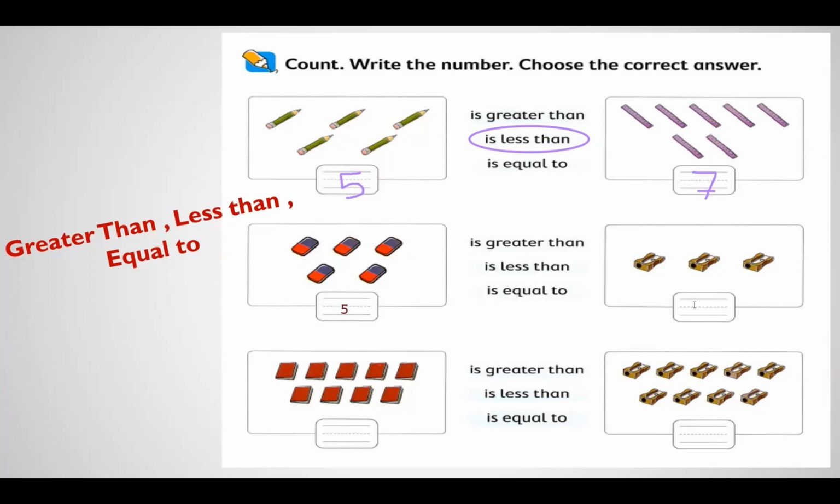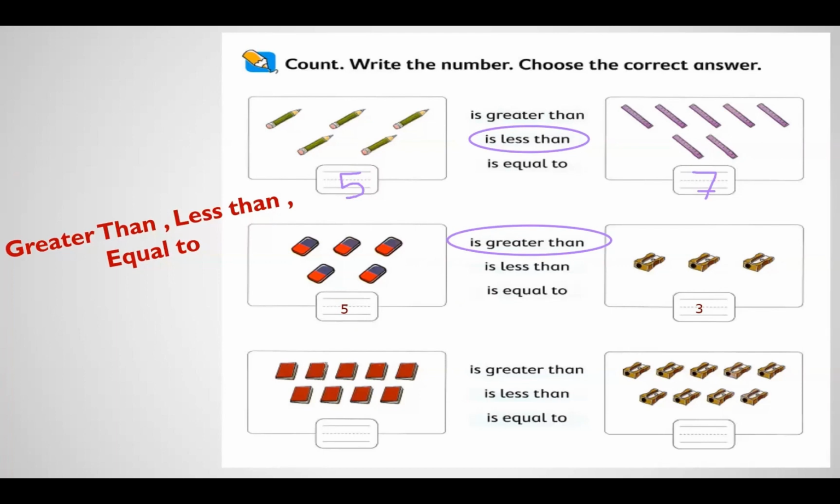And here, can you count the sharpeners? They are 3. So what can you see here? This 5 is what? Is it greater than, less than, or equal to 3? Of course, 5 here is bigger than 3, and we said bigger means greater. So 5 is greater than 3. Okay, here, how many copybooks can you see?